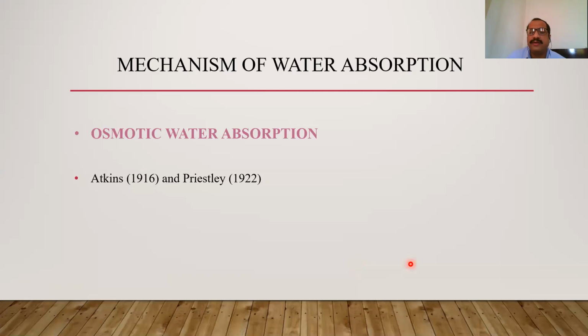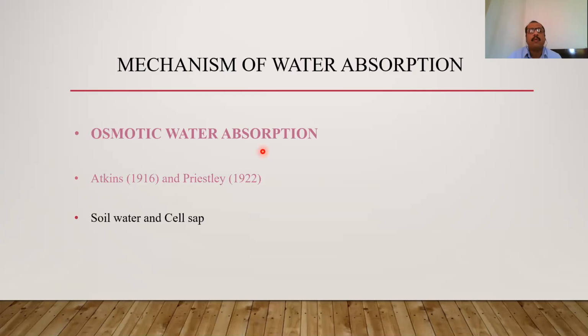So whenever conferences were organized, they used to present their papers there, and if the same concept was proposed by a different scientist, they could get their claim validated. So Atkins in 1916 and Priestley in 1922 proposed the osmotic type of active method of water absorption.